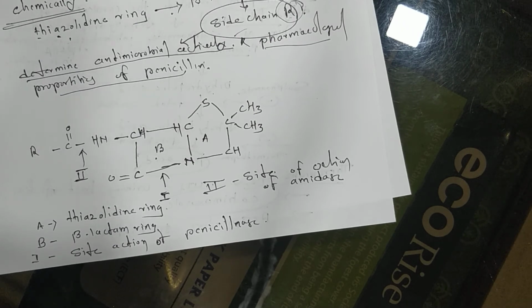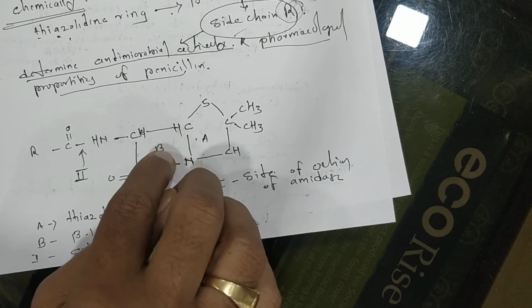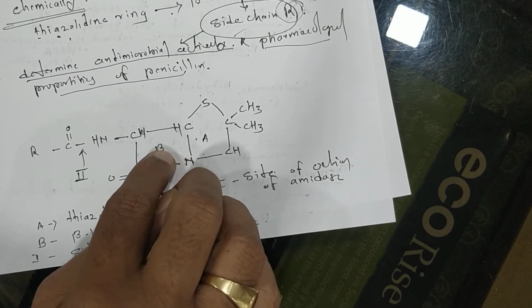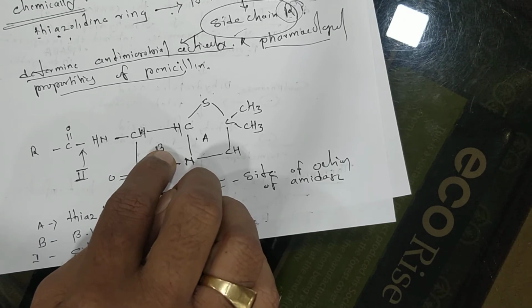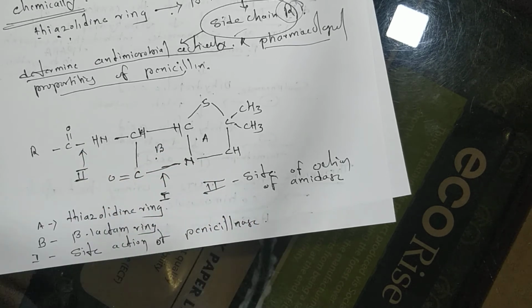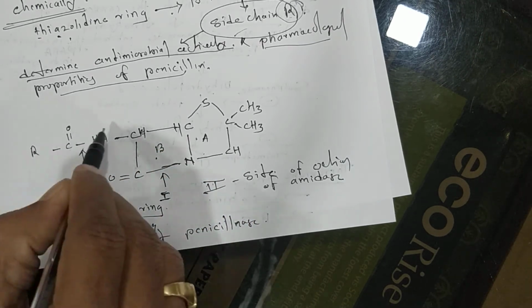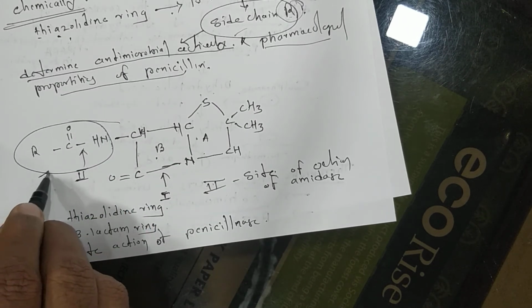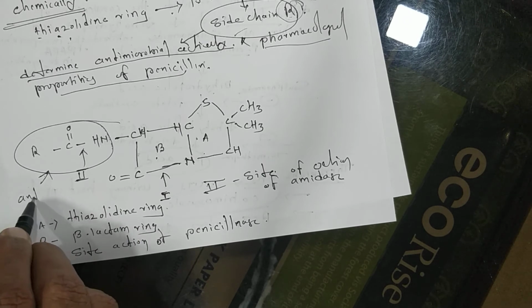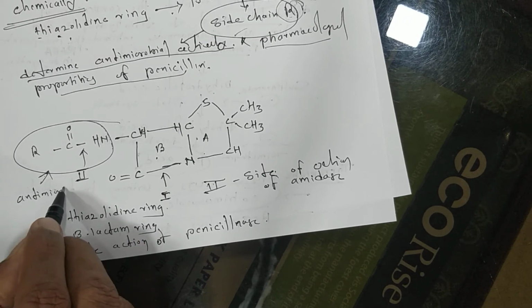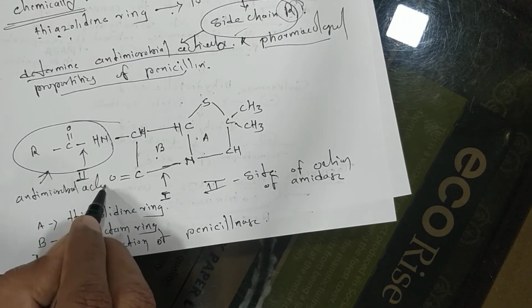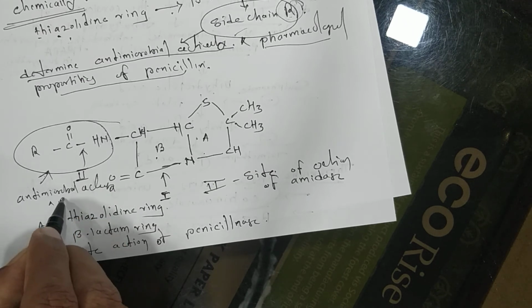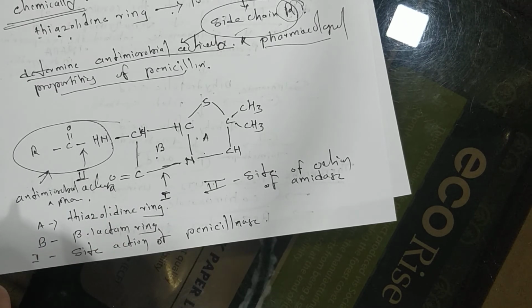Chemically, penicillin consists of a thiazolidine ring attached to the beta-lactam ring, with a side chain that shows the antimicrobial activity, and the pharmacological actions depend on that.